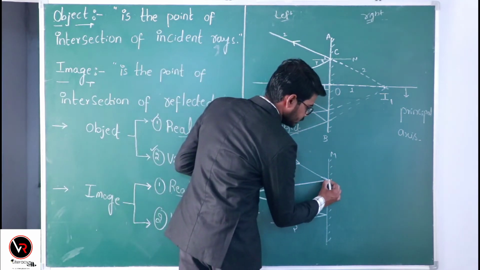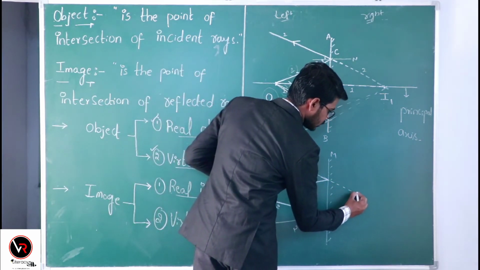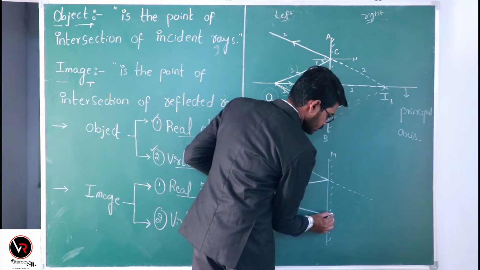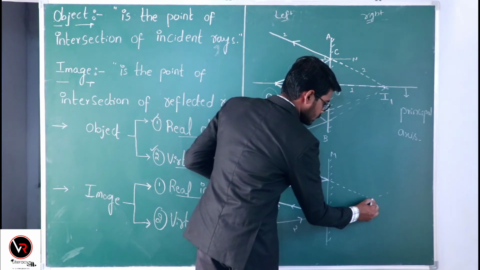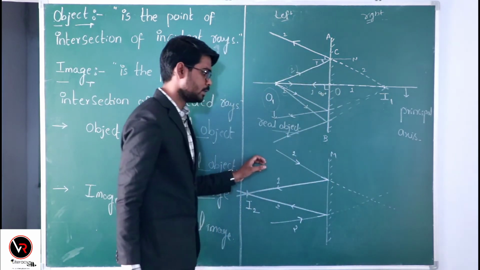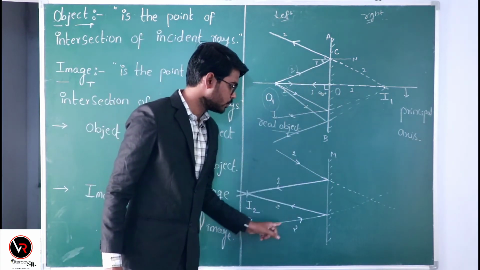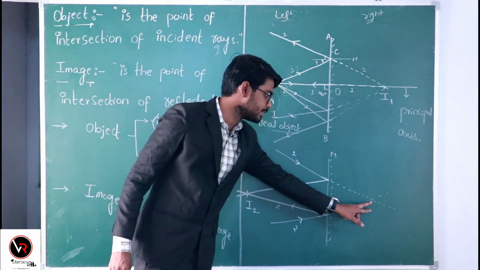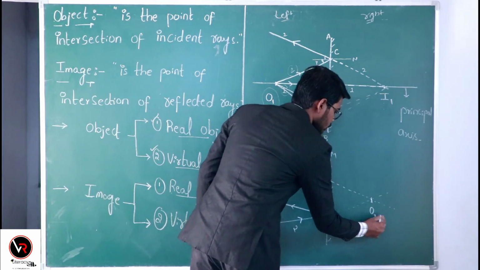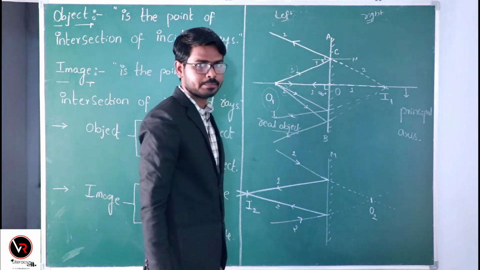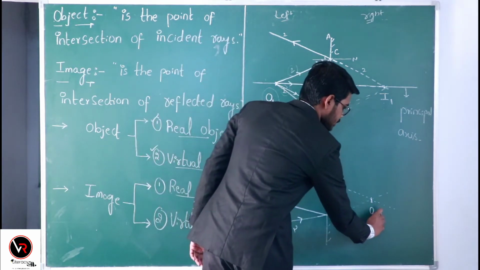So extend these two incident rays. On extending, they intersect at this point, name it O2, on the right side of the plane mirror.